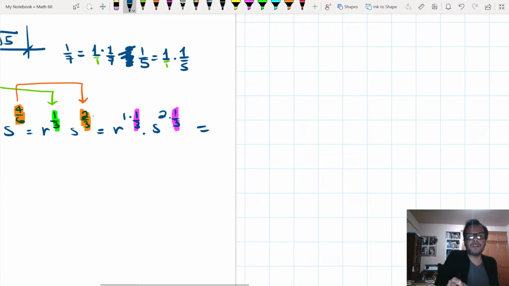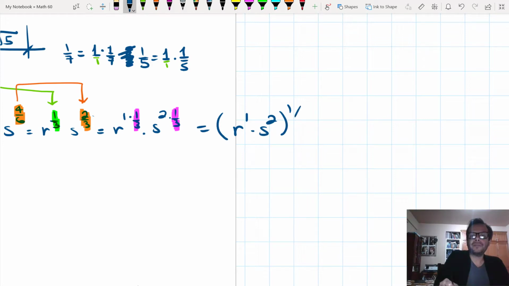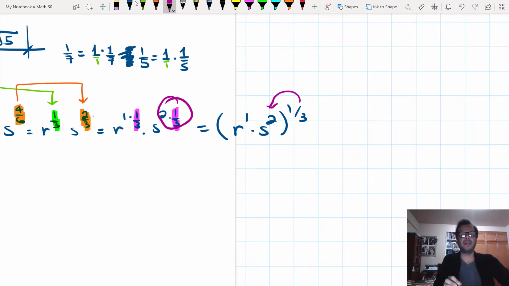So I'm going to undistribute the power: r to the first times s to the 2, the whole thing to the 1/3. This is the same as if I distributed 1/3 times 1, which is this guy right here, and 1/3 times 2, which is the same as this guy right there.